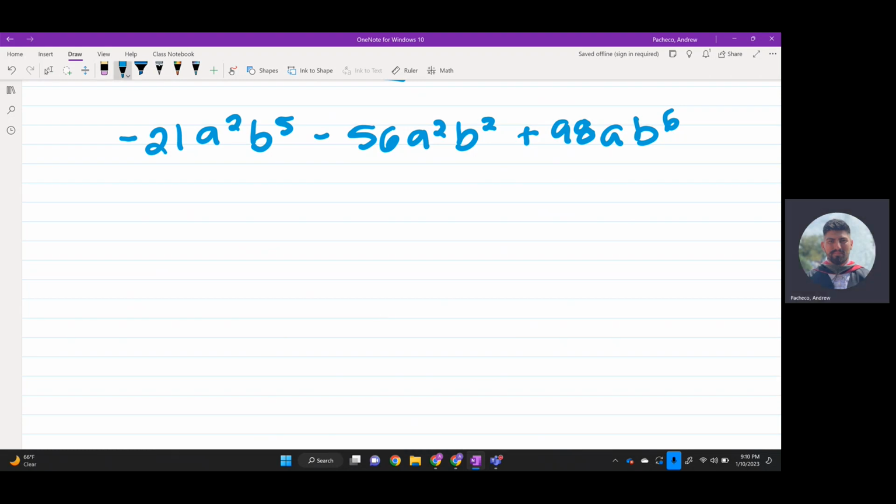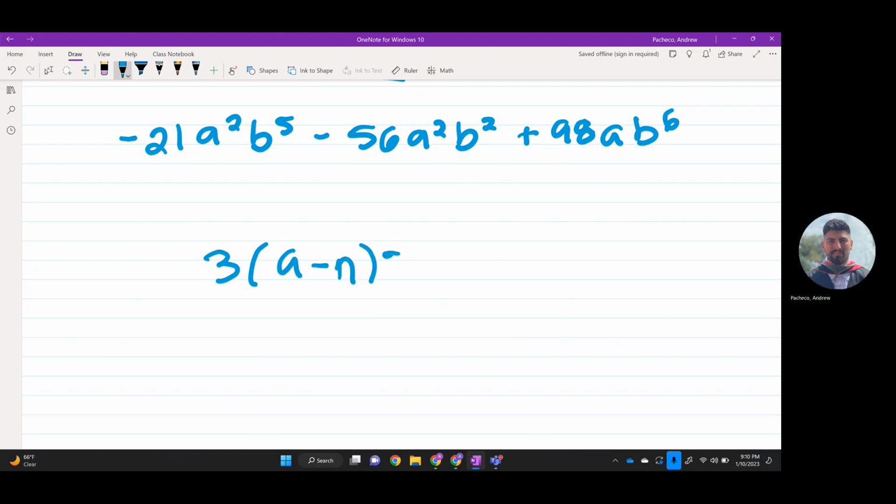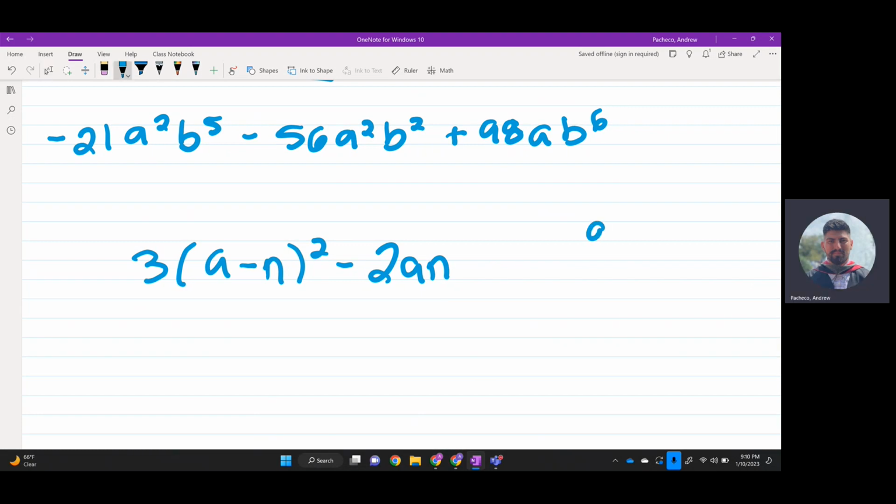So if we have 3a minus n squared minus 2an, where a is equal to -3 and n is equal to 4, all I'm doing is plugging in -3 for my a and plugging in 4 for my n. This is -3. I have to keep that minus.